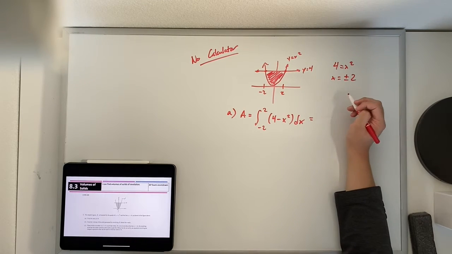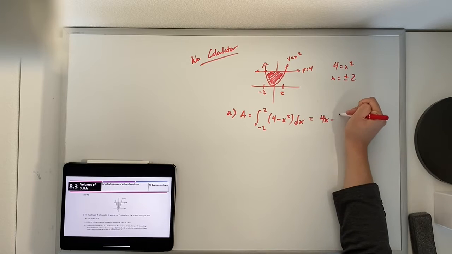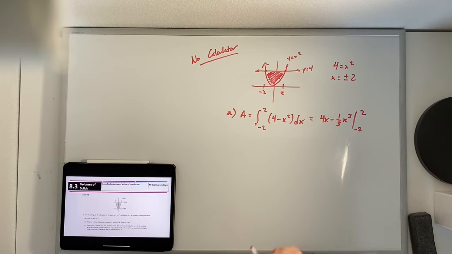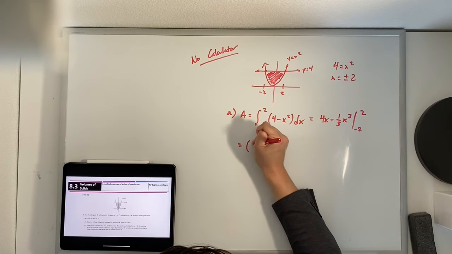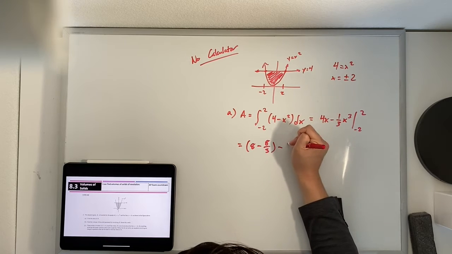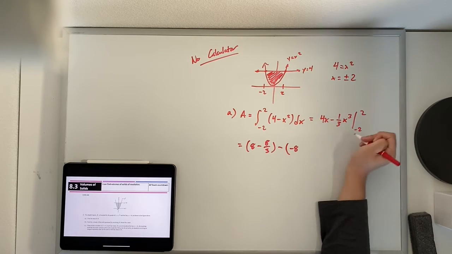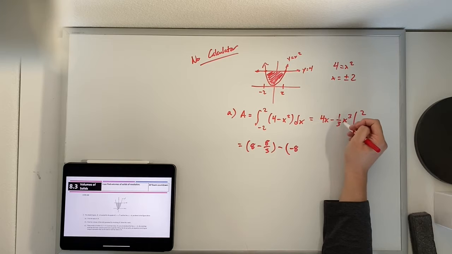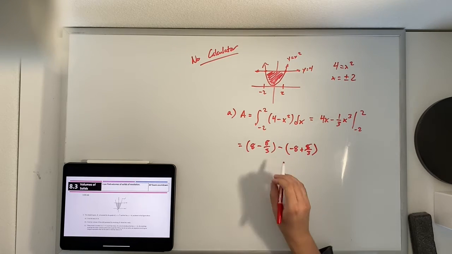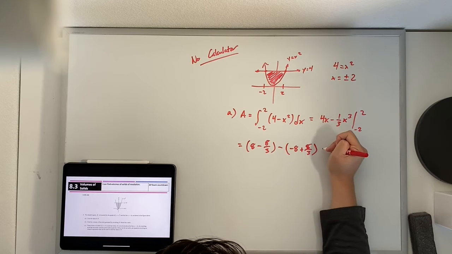So we take the antiderivative of 4 minus x squared. Evaluate this from -2 to 2. All right, so this is 8 minus 8/3, plugging in 2 there, minus, plug in -2, -8 plus 8/3. All right, now we distribute that negative.